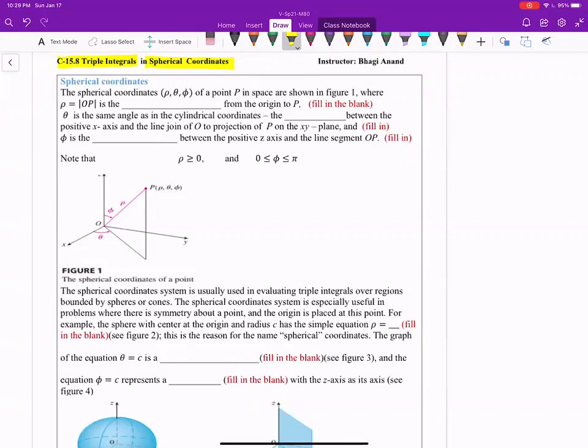Now we are introducing another type of coordinates, which are known as spherical coordinates. And we are going to see in this section how these are applied in evaluating certain triple integrals.